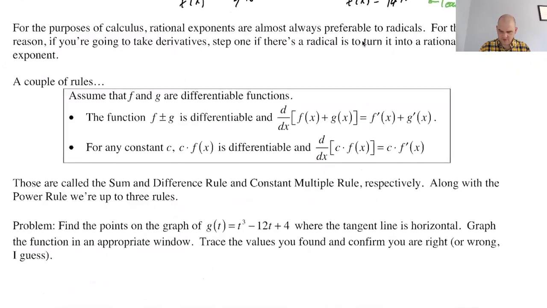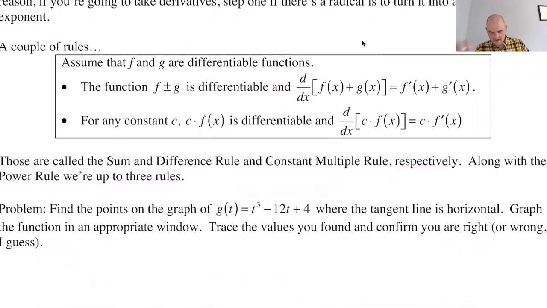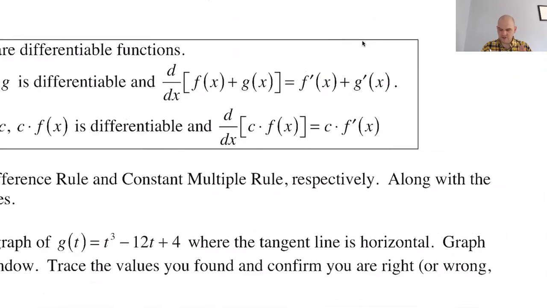A couple rules. If we have a function f plus or minus g of x, and f and g are differentiable, then f plus or minus g is also differentiable. The derivative of f plus or minus g is f prime plus or minus g prime.